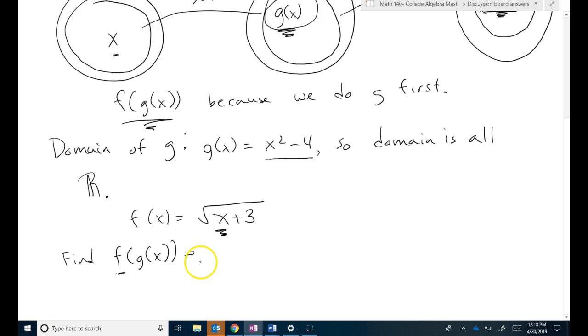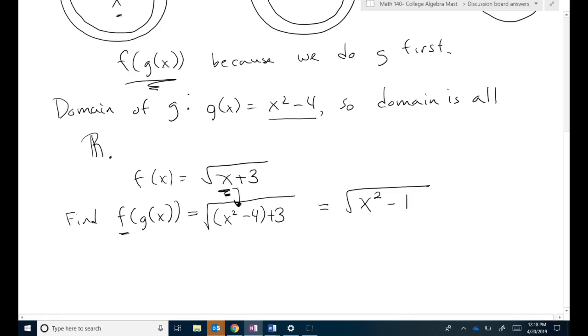So that's going to be the square root of x squared minus 4, there's my substitution, it went right down directly into there, plus 3. And so this will then equal the square root of x squared minus 1.